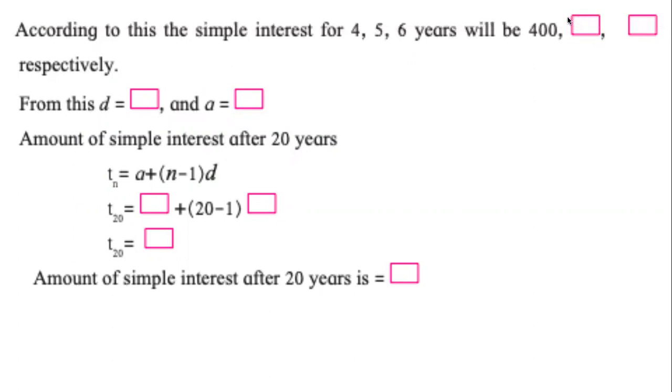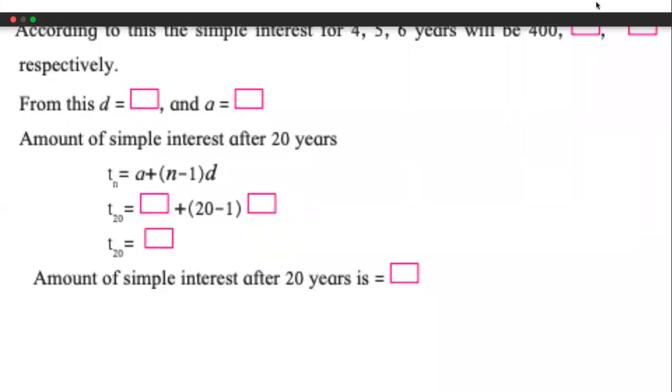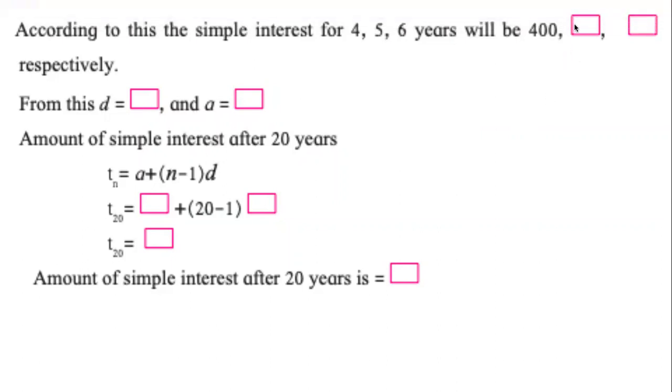What will be the simple interest at the end of 5 years? Speak or type. 500. At the end of 6 years, 600. Right? Shubham has already told, and I've written it on the screen.